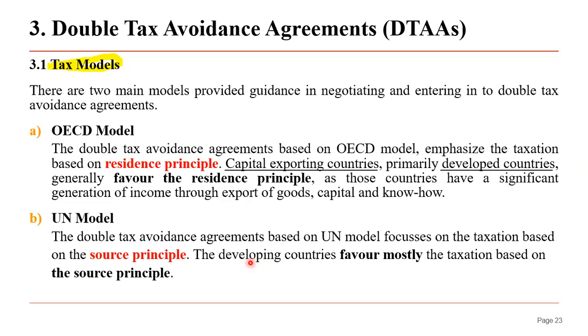More developing countries, right? Then the OECD model uses the resident principle. If it is a resident, they are required to pay taxes, right? They emphasize the tax here, basically favoring the capital exporting country, primarily developed countries. So it favors the resident principle. Then the UN model is basically the source principle, because in order to develop, developing countries want more revenue.